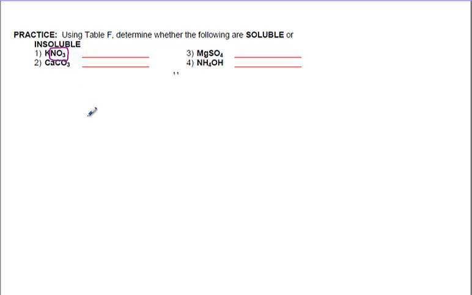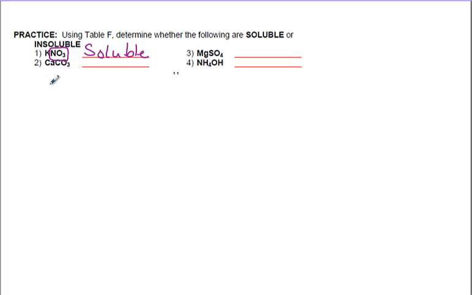On the soluble side, in column 1, the first column. And it says it is soluble, so it has no exceptions, meaning it is still soluble. So the nitrate ion is found in the soluble compound column. If you look, there are no exceptions, therefore it has to be soluble. It doesn't matter what it's paired with. When there are no exceptions, we take it right from that column.